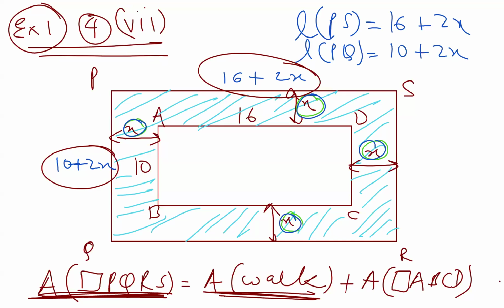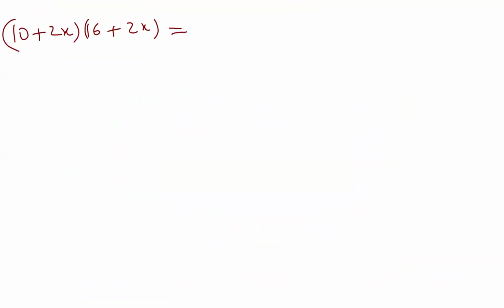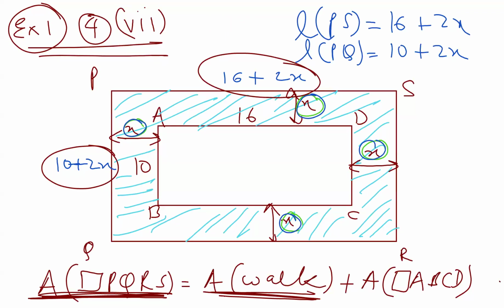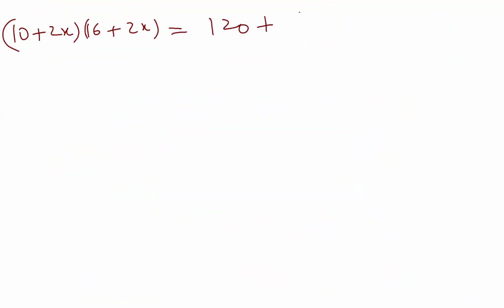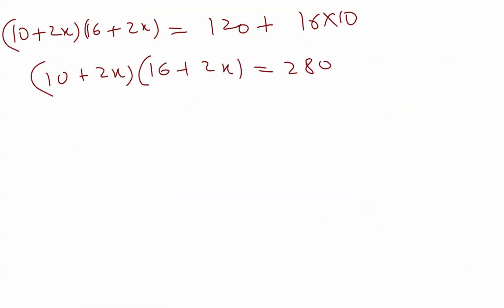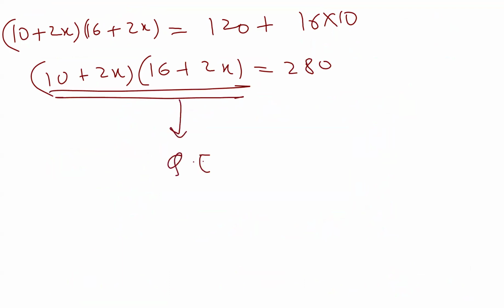Plus area of ABCD. Area of ABCD will be 16 into 10, length into breadth. So 10 plus 2x into 16 plus 2x is equal to 280. You have to multiply this, you will get a quadratic equation, something in terms of x equal to 0.